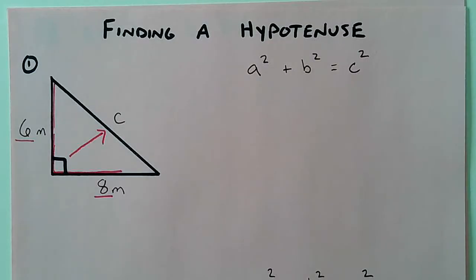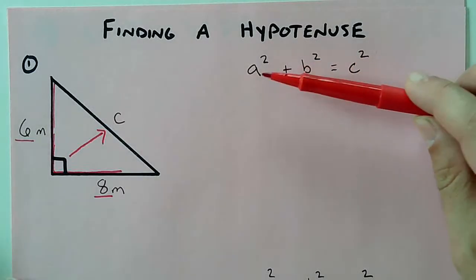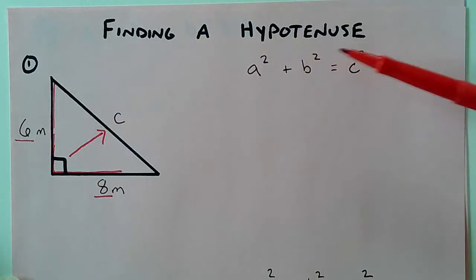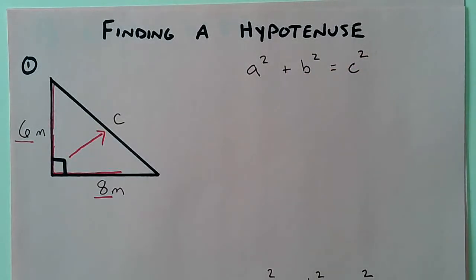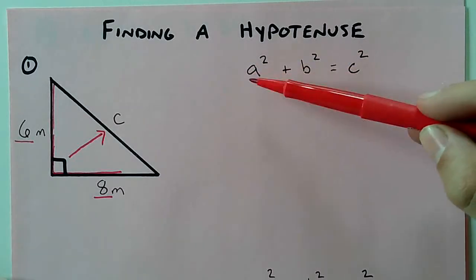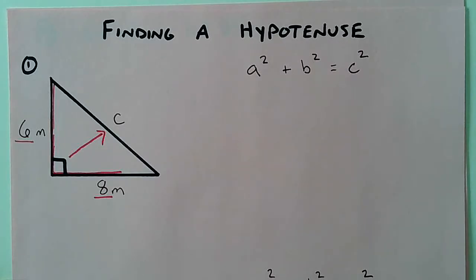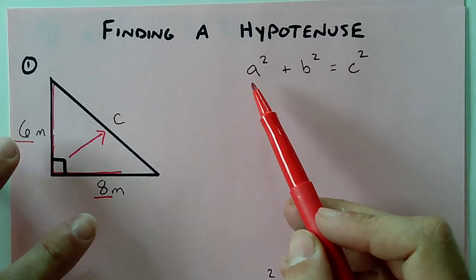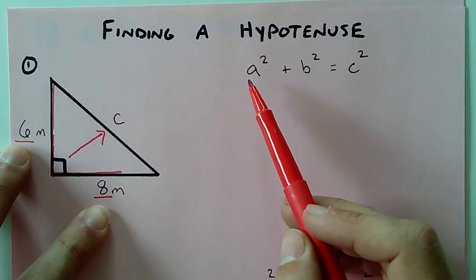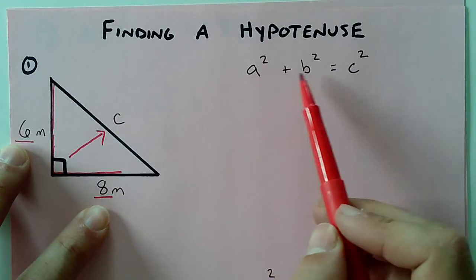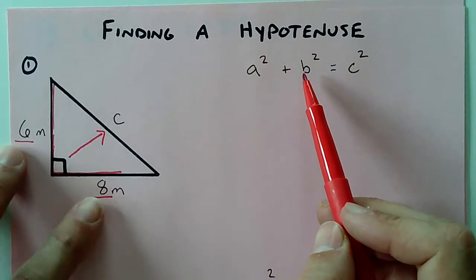Okay, so always going to start with my Pythagorean theorem. A squared plus B squared equals C squared. Again, if you're like, what the heck is that? You got to go back and check out the Pythagorean theorem video and review that piece. So A squared plus B squared equals C squared. Two variables I can fill in. I can fill in A and B because those stand for the legs, and I have those legs.